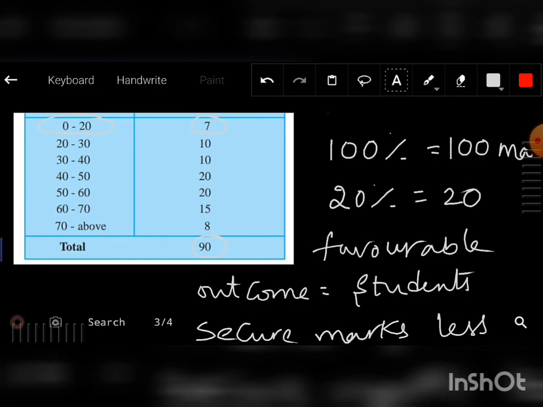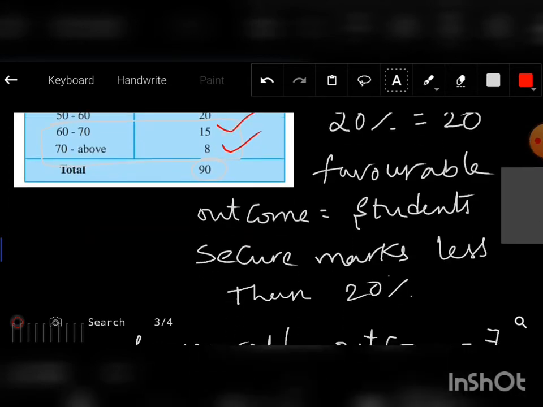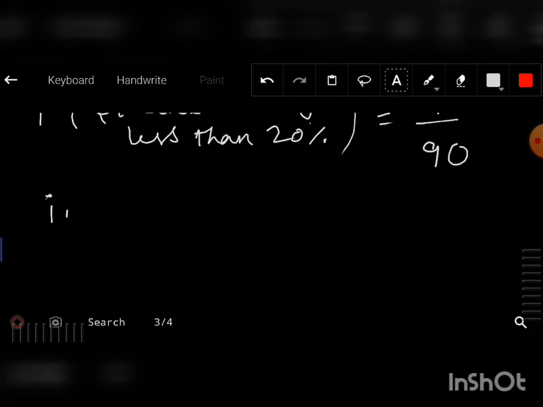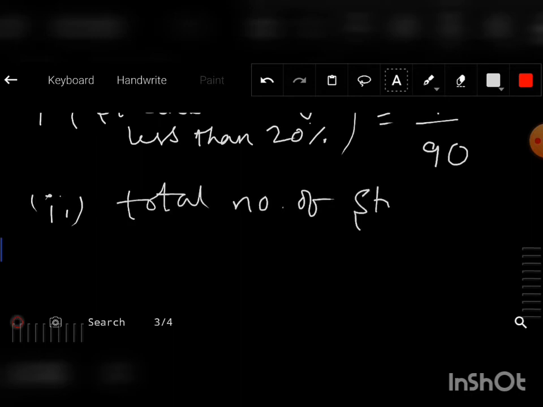Here from the table you can see 60 and above, that means we have to consider these two rows. 60 to 70 there are 15 students, and 70 and above there are 8 students. So the total number of students is 90.